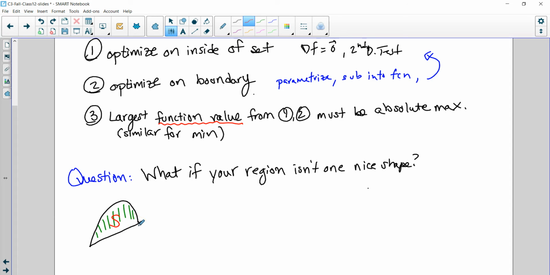Answer: you have to repeat that second step, so optimize along the boundary for each piece of the boundary. You need to break the boundary into pieces and work with each piece.